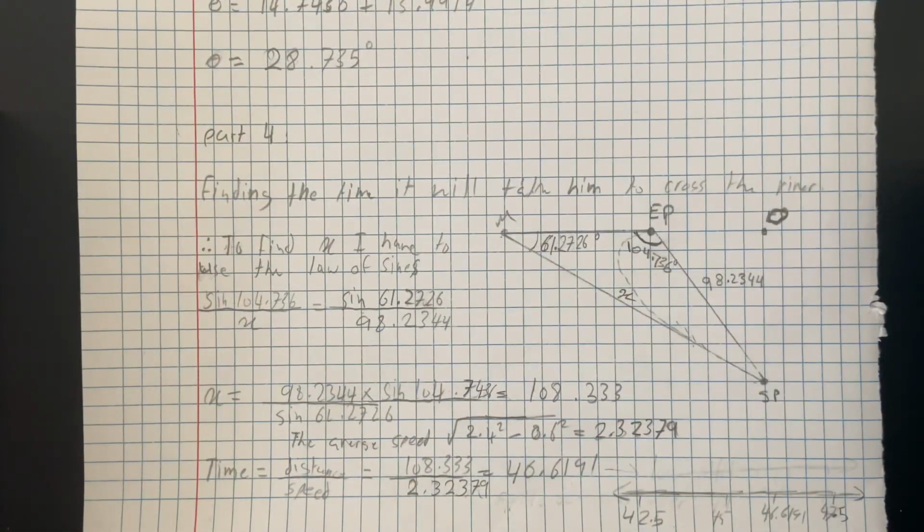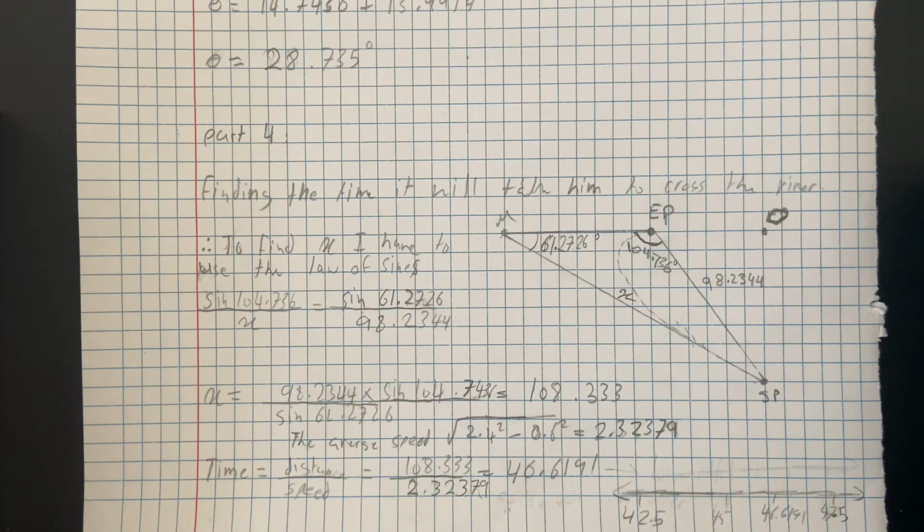Finding the time it will take him to cross the river. I'm going to use the law of sines again. So sine 104.7436 over x equals sine 61.2726 over 98.2344.